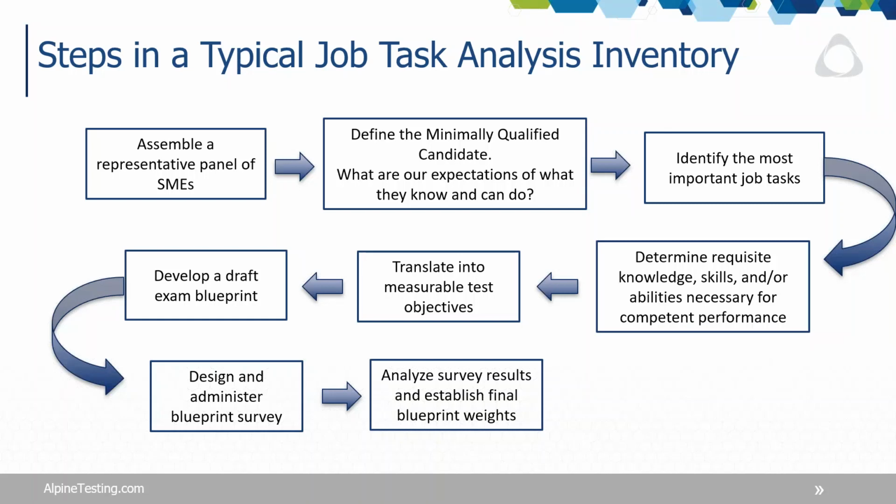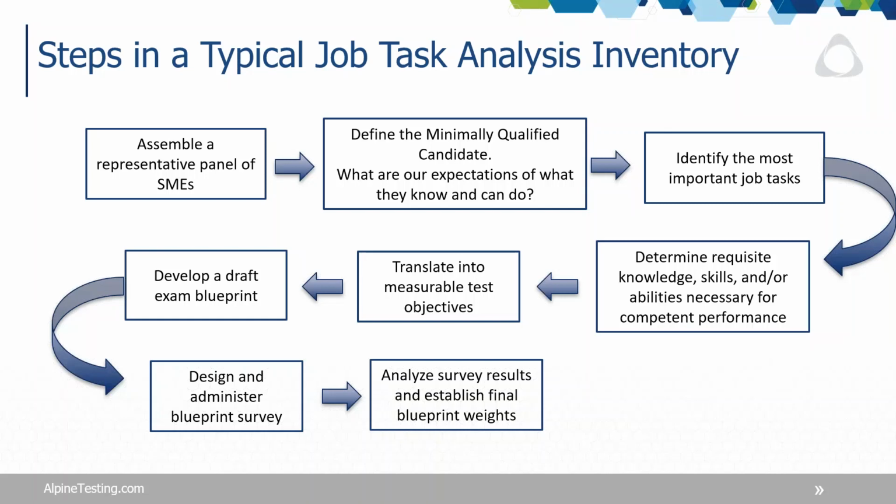Then drilling down into knowledge, skills, and or abilities. Abilities are usually reserved for performance-based testing. If you get to that higher level of expert level exams, you can measure abilities more directly, but most of the objective level exams that we develop in certification are more of knowledge and skills.